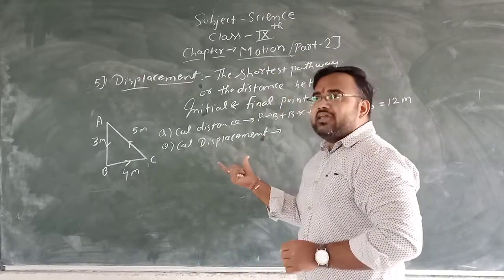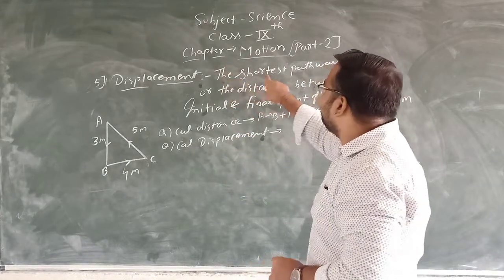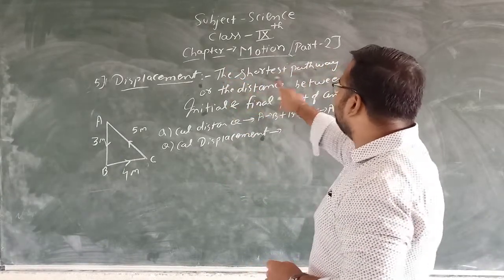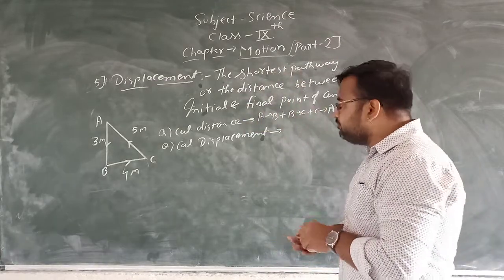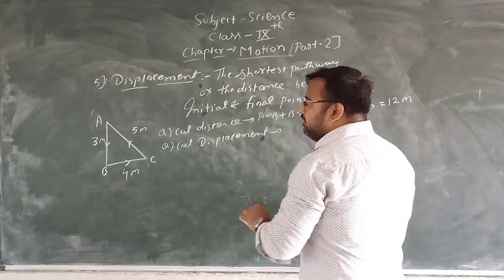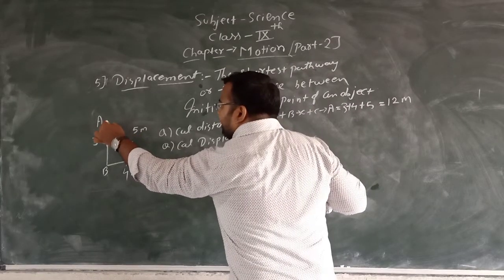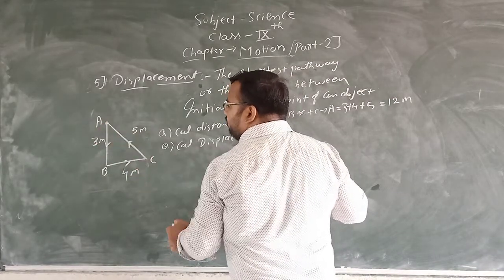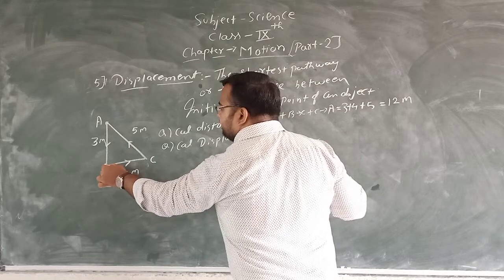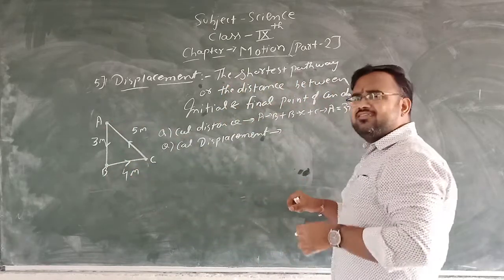So how will we calculate displacement? According to the definition, the shortest pathway or the distance between the initial point and final point of an object. Now, the object starts its journey from A to B, and B to C, and C to A. So this is the distance.